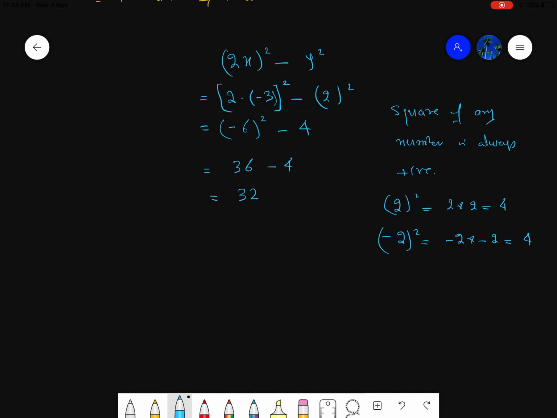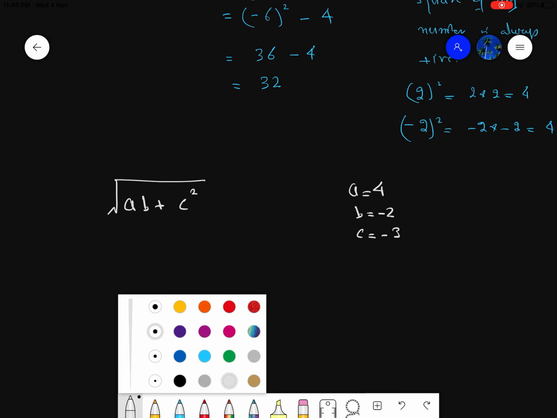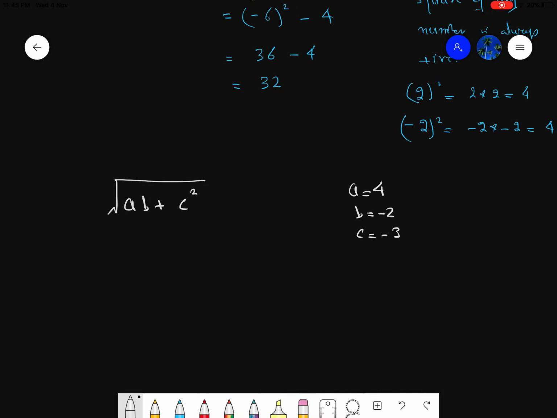Similarly, if we have another expression of the type, for example, the square root of ab plus c square, and a is given as 4, b is given as negative 2, and c is given as negative 3. So simply we will insert the values of a, b, and c in this expression.